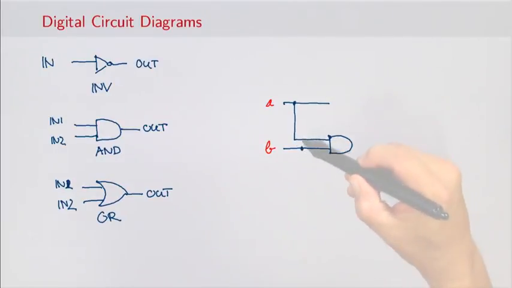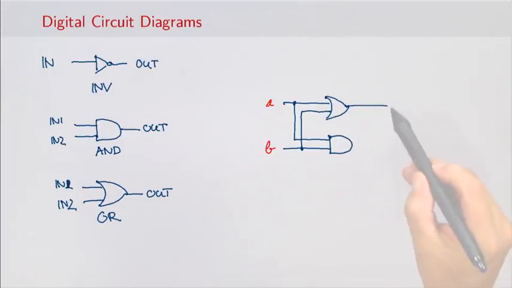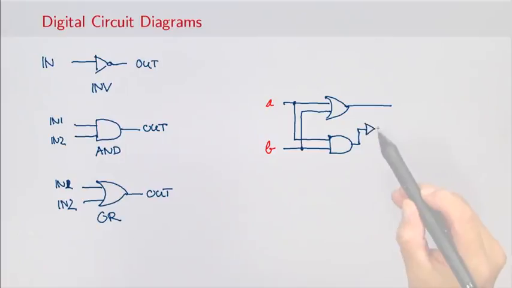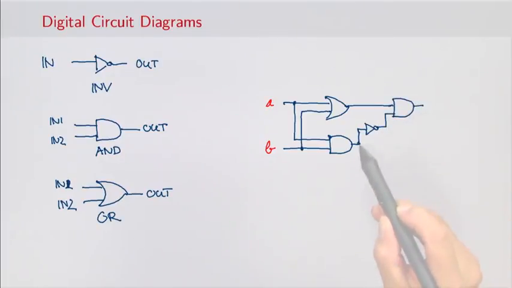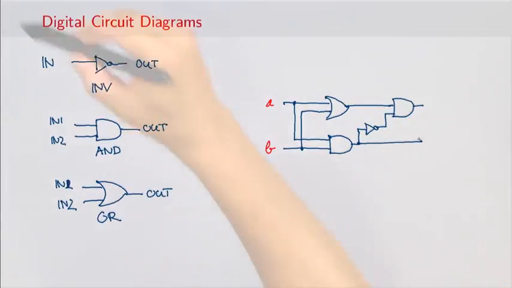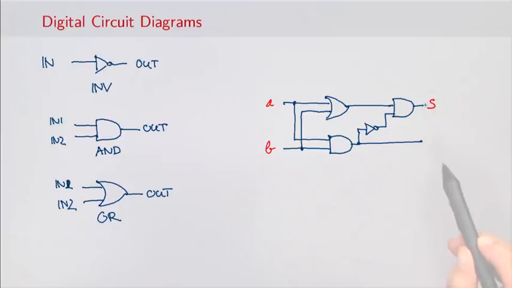And at the same time form the OR of the two inputs. That's written like this. And then we place an inverter after the AND. And finally another AND gate here. And that gives us the sum on this wire and the carry on this one.